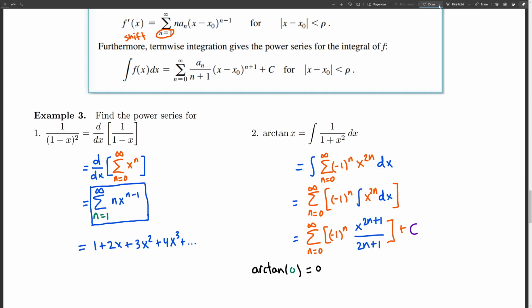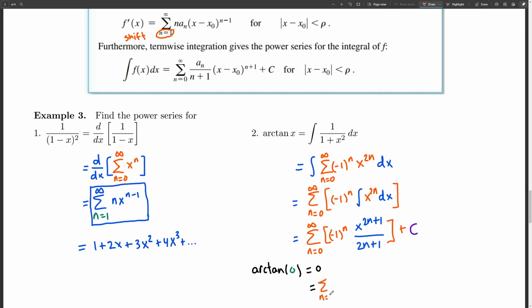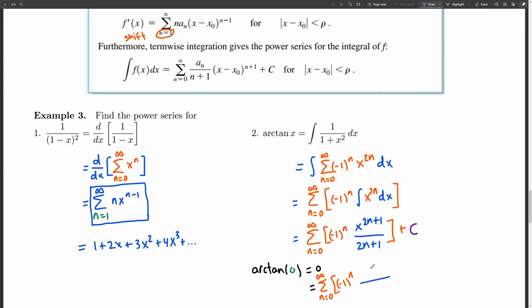So let's rewrite this in a different way. Arctan of 0 equals the summation from n equals 0 to infinity of negative 1 to the power n, times 0 to the power 2n plus 1 over 2n plus 1.